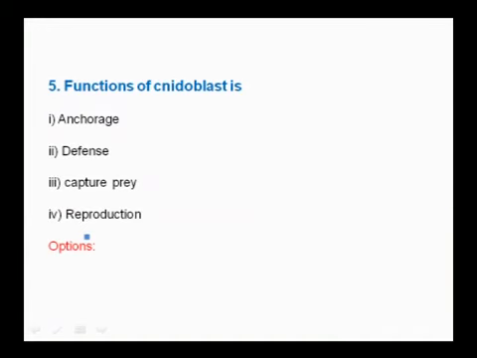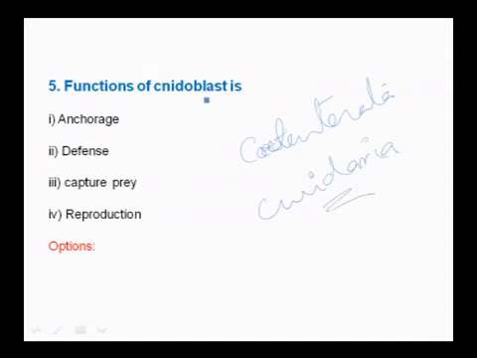Next, functions of cnidoblast. Cnidoblast is a structure that is exclusively found in coelenterata, in coelenterata or cnidaria. So the name cnidaria for the phylum comes because of presence of cnidoblast. Basically, it is a structure which is used for anchorage, defense, as well as to capture the prey.